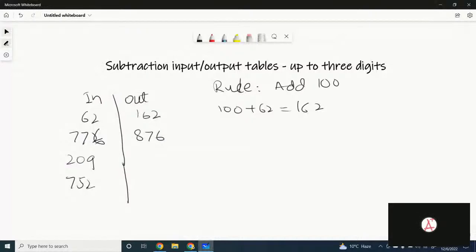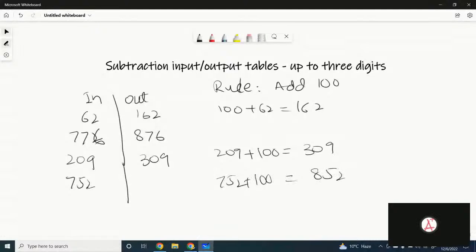Then 209 plus 100 is 309. So here you have 309. Very good. And 752 plus 100 is, very good, Foma, 852. So the correct option is 162, 309, and 852. That would be the first option.